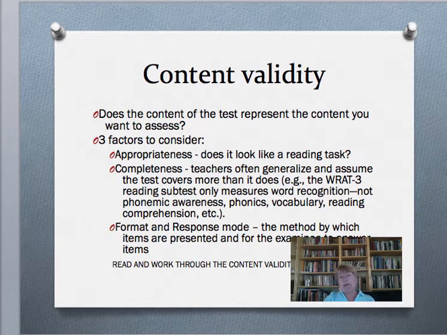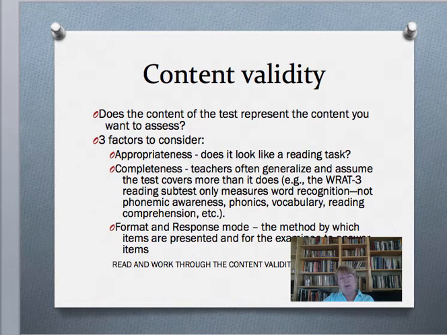And the complaint about that was that that's not complete. Being able to read a list of words doesn't necessarily get at phonemic awareness, doesn't necessarily get at phonics. I mean, they could all be sight words. It doesn't necessarily get at the vocabulary that you bring to the reading situation. It doesn't get at reading comprehension and so forth. And those are all aspects of reading. So even though a word list is appropriate, it's not a complete measure of reading.